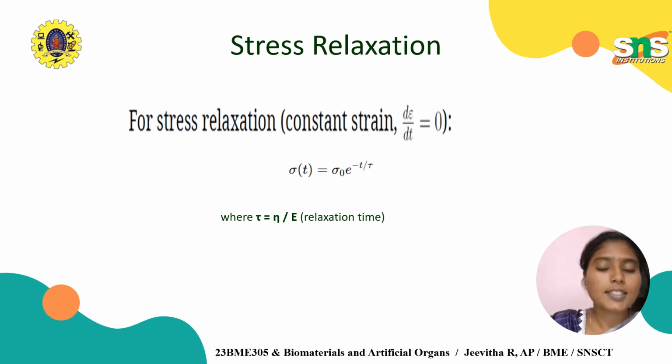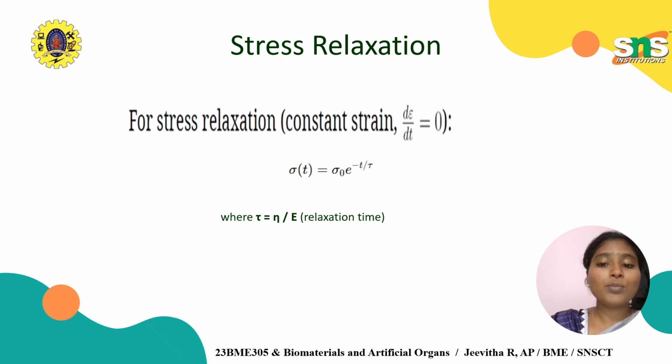And another one is stress relaxation. When we apply a constant strain to the material, the internal stress decreases gradually over time. When we apply the strain, at first the stress does not decrease, but when the strain continues for a long period of time, the stress is reduced.